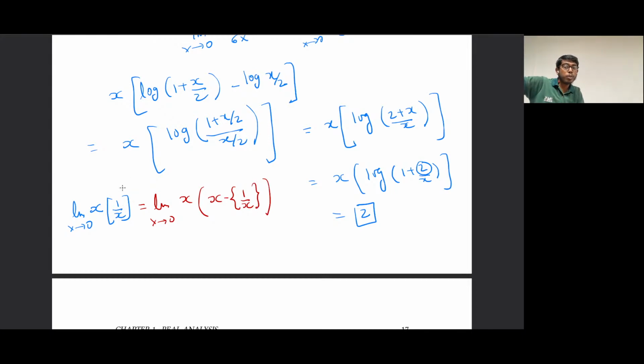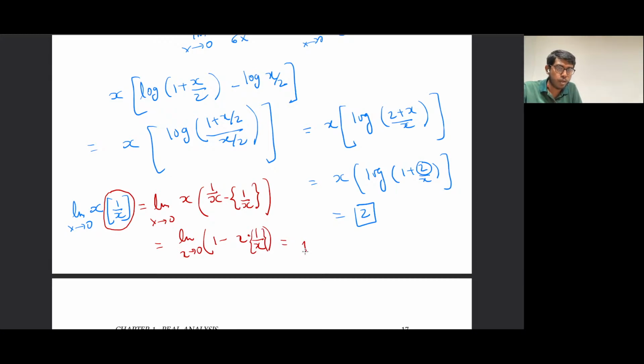Currently we cannot use boundedness because we don't know about the boundedness of this function, as 1/x may not be bounded. So right now we cannot say that it's 0 or does not exist. Oh sorry, this is 1/x. So limit x tends to 0, this is 1 minus x times the fractional part of 1/x.